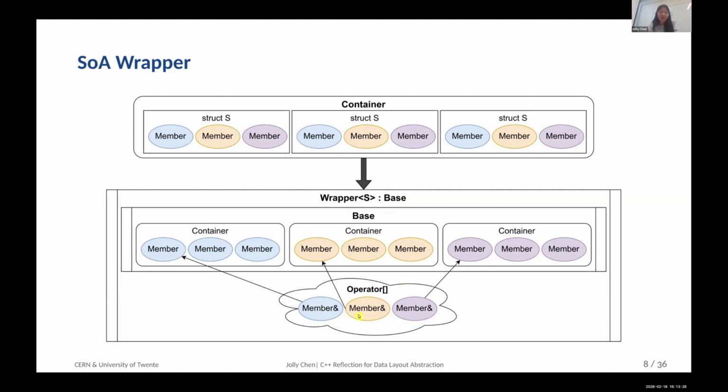And the index operator then returns a version of the original structure that contains reference data types, so that we can reference back into the SOA members while still keeping the AOS style view of the original structure.